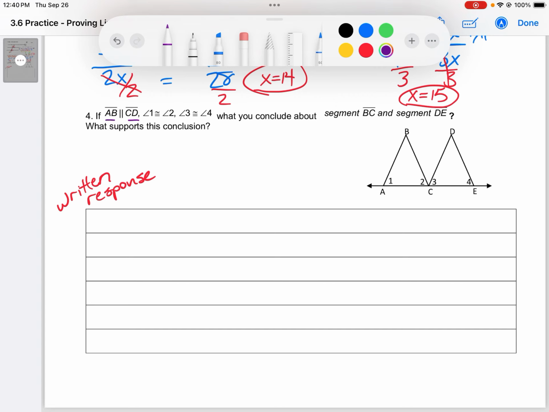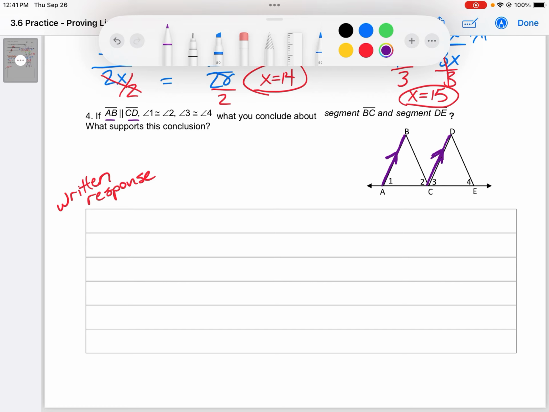And what they're telling me is that if A to B and C to D are parallel, let me fix that. They're parallel, so I'm going to put the little mark on them to show that they're parallel.